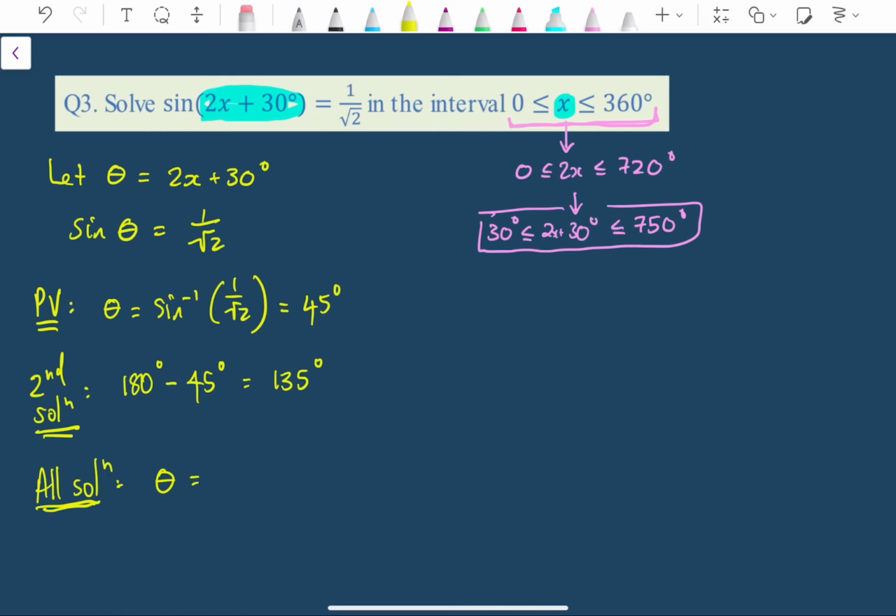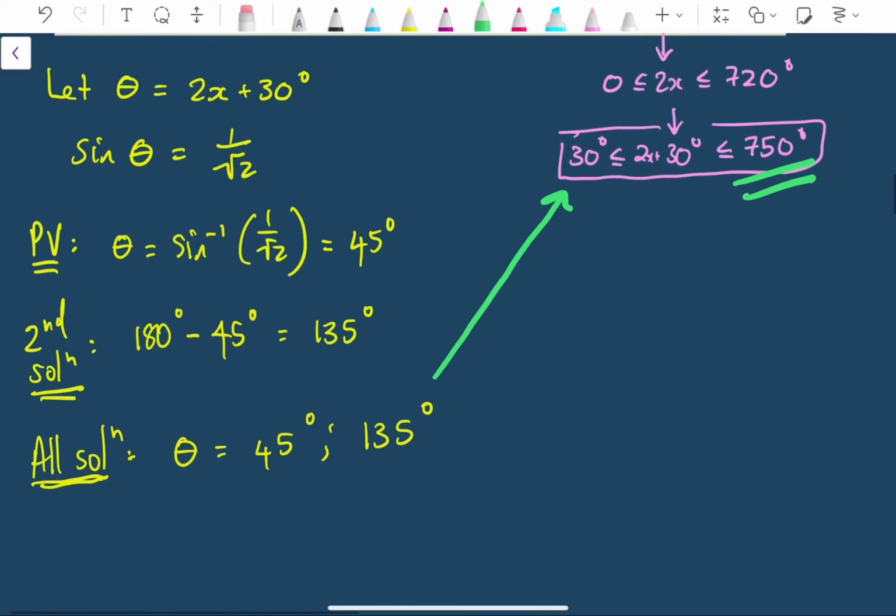So at the moment I've got theta equaling 45 and 135. But when I compare, I know I need to find all of the solutions up to 750. So I'm going to add 360 to each of these solutions, which means I'll find the next two, because the sine graph repeats every 360 degrees.